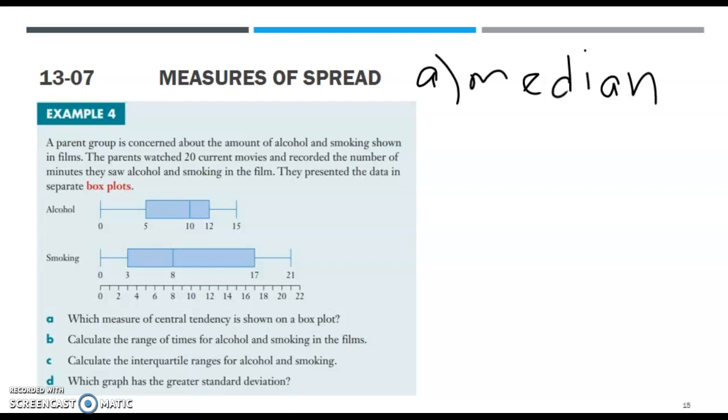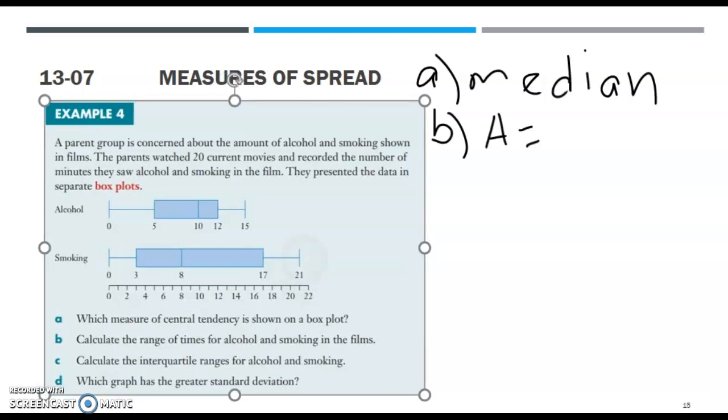Calculate the range of times for alcohol and smoking in the films. So let's start with alcohol. If we have a look at the graph here, we've got a 21 up here, and we've got 0 down the bottom.